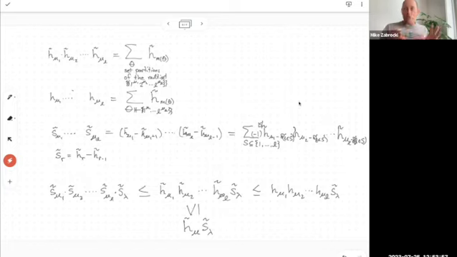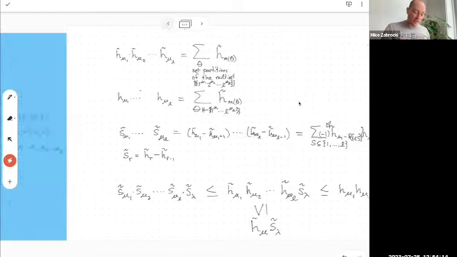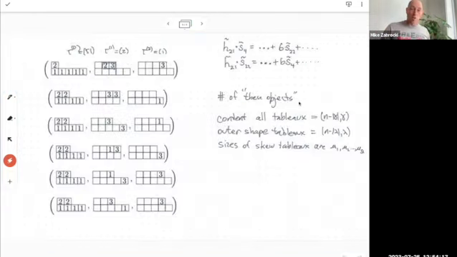I don't want to go through all of the tedious definitions that are in the paper, because you almost have to unravel them to understand why they're true. But the unraveling is all based on this one combinatorial interpretation for the coefficients of a product of an H tilde times an S tilde.